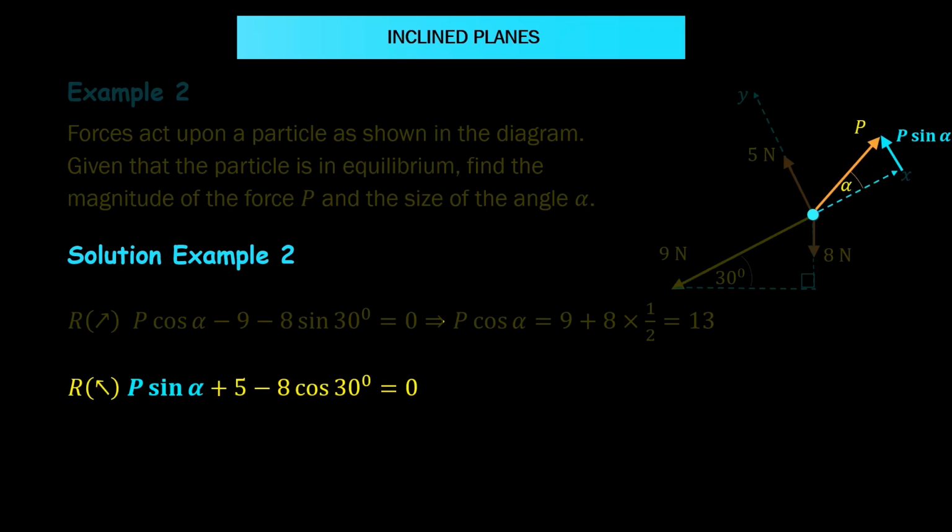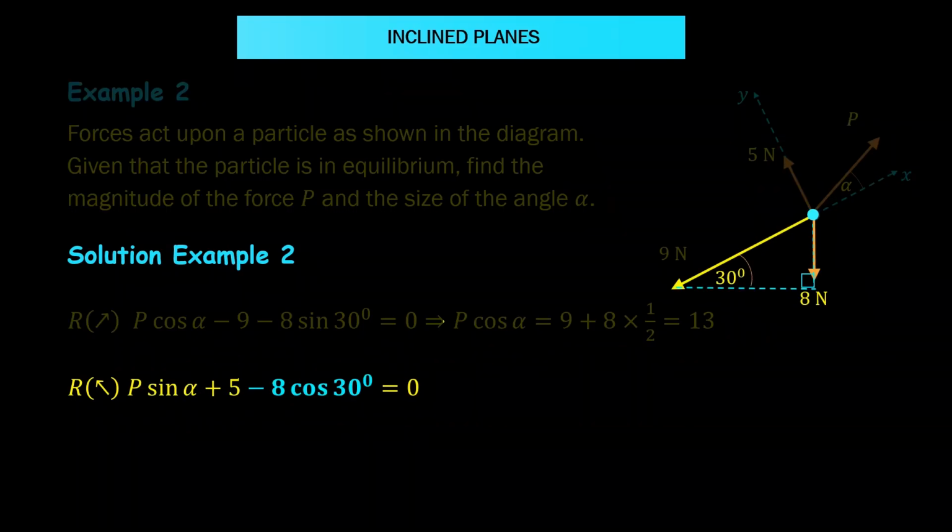Let's do likewise for resolving the forces perpendicular to the slope. So we have P sine alpha plus 5 minus 8 cos 30 degrees equals 0, since of course the particle is in equilibrium.